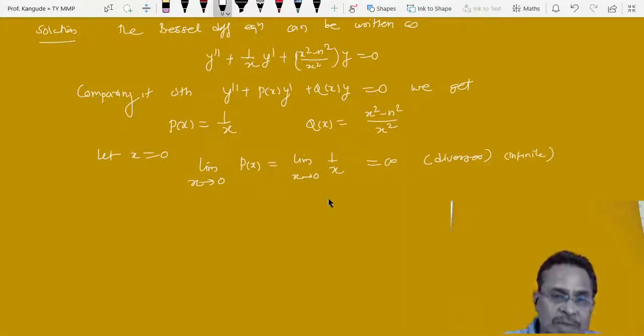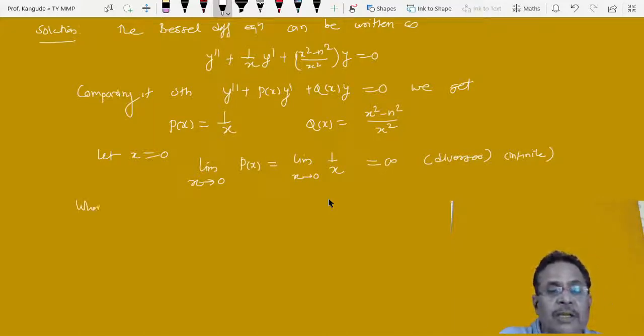Okay, so as per our condition, if either p of x or q of x or both, if any one of them diverges, then the function with this particular value x is equal to 0 is called a singular point. Okay, so we'll write one statement here.